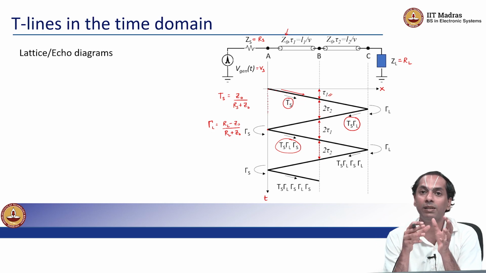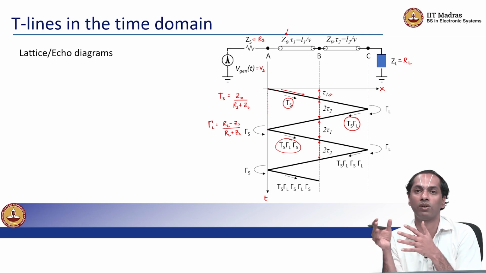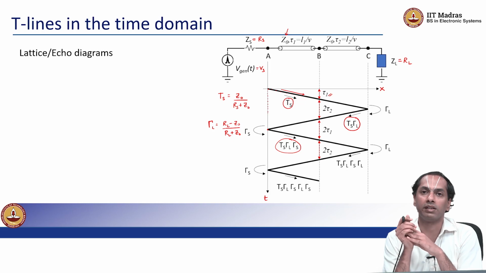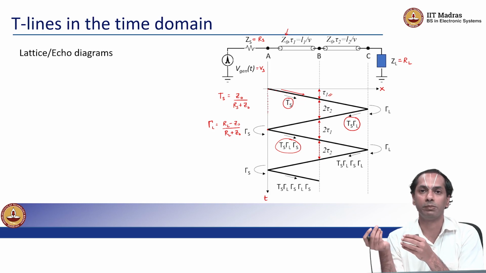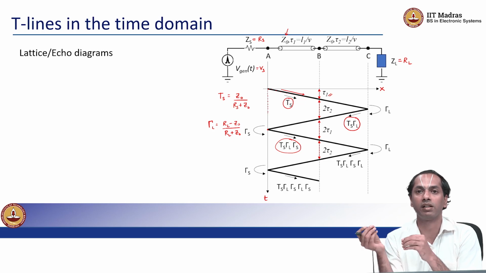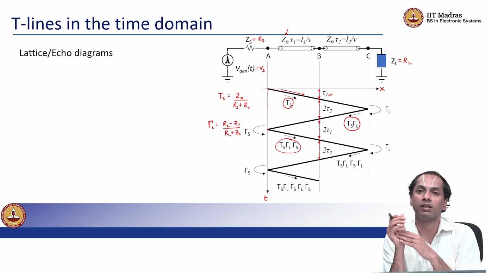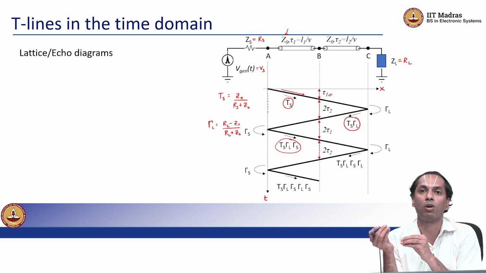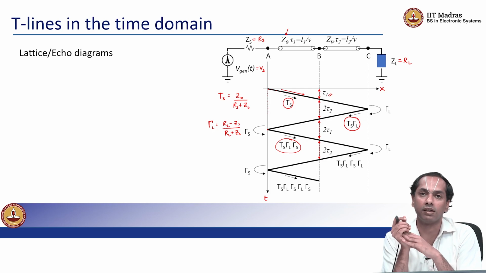So, it seems like the voltage has moved from A to B, but it is more like the voltage has appeared at B sometime later.